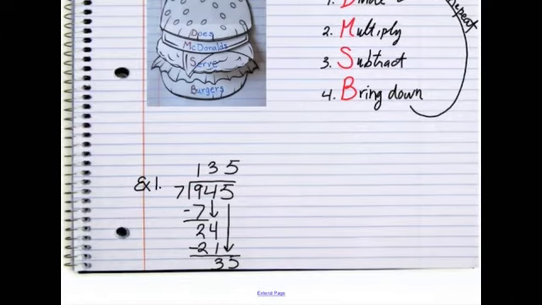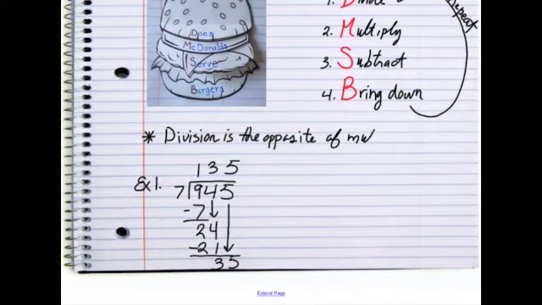Now, one thing you might want to remember is that division is the opposite of multiplication. So you can put that in your notes right above your example. And what that means is to separate into equal parts.